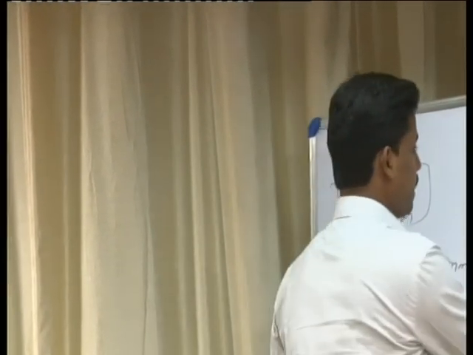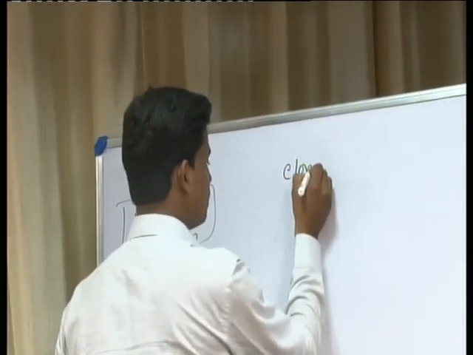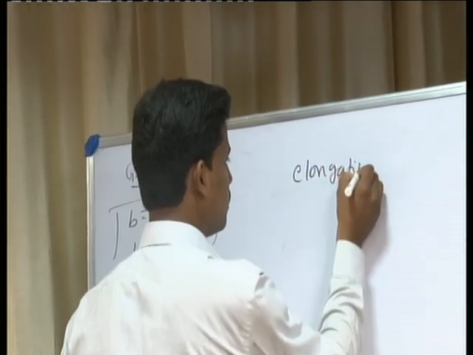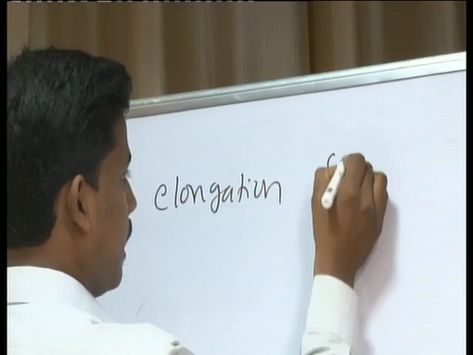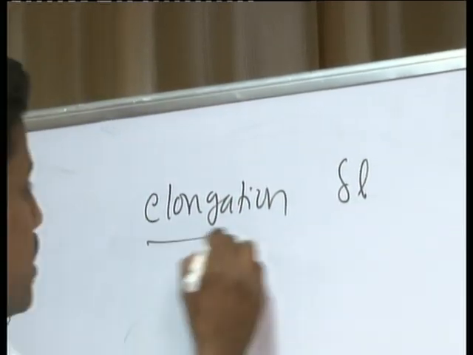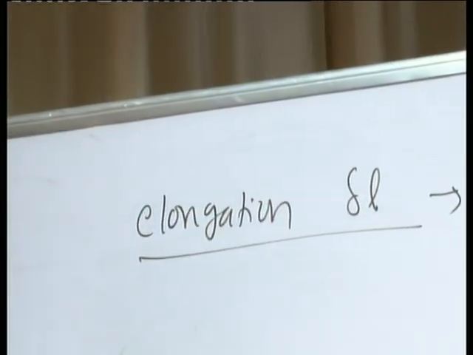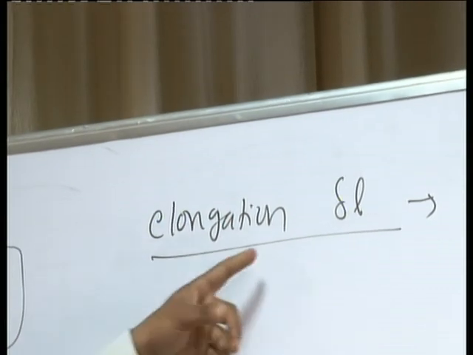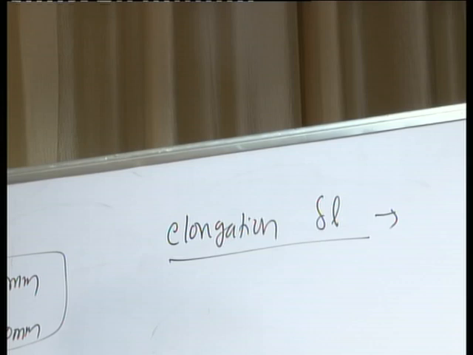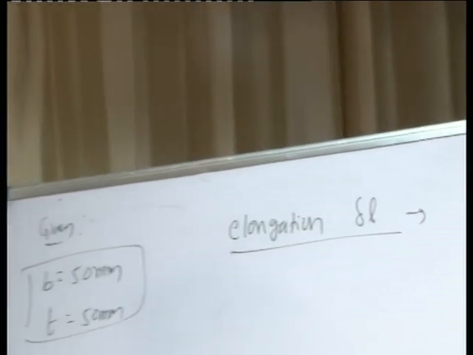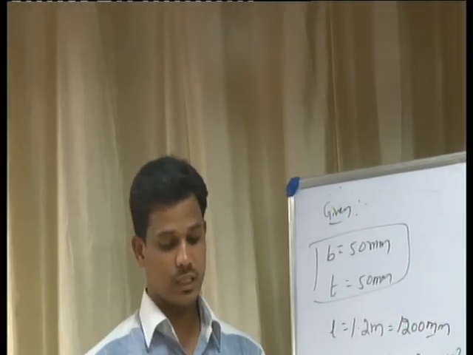So what we got is a longitudinal strain. Now we need to calculate the elongation delta L, the change along the length. How much is the length changing?